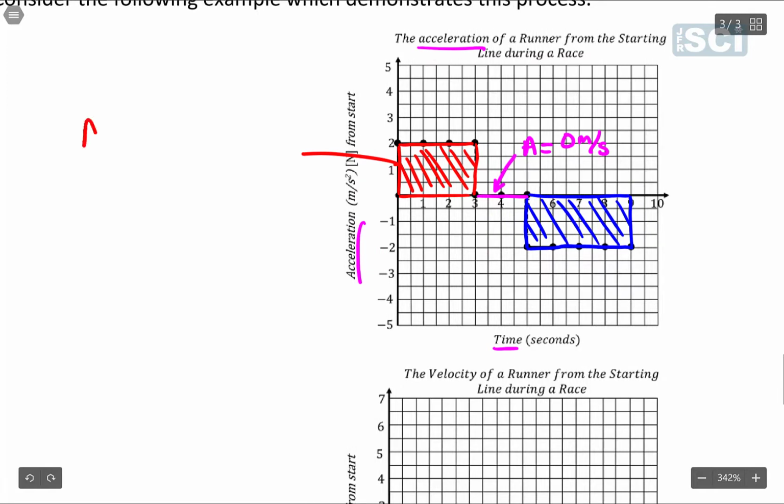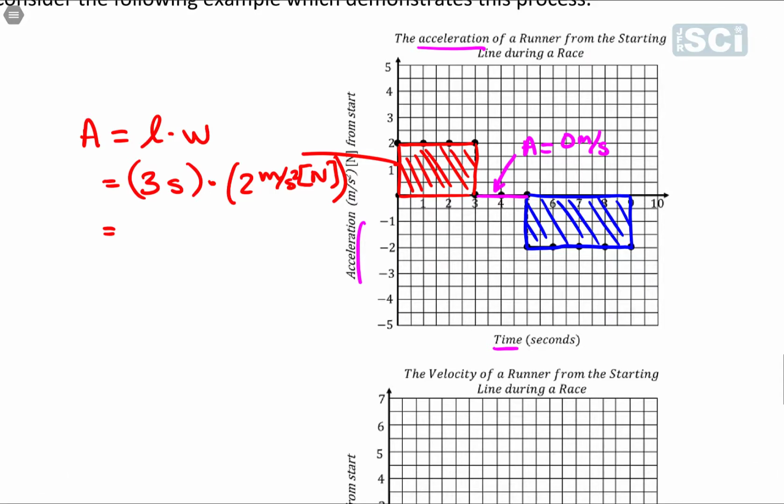So the area we know is going to be length times width. So the length of this rectangle is 3 seconds. And I multiply that by the width, which is 2 meters per second squared north.